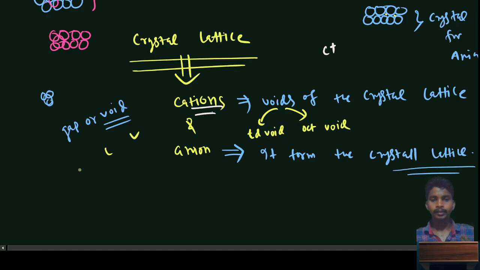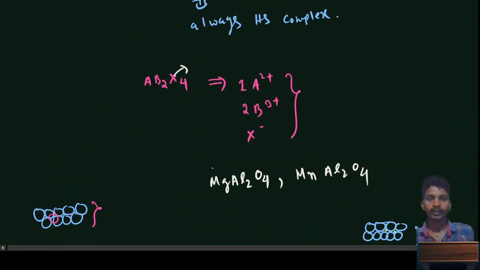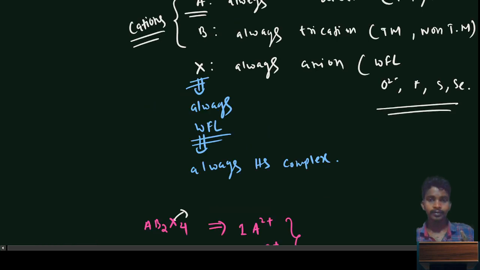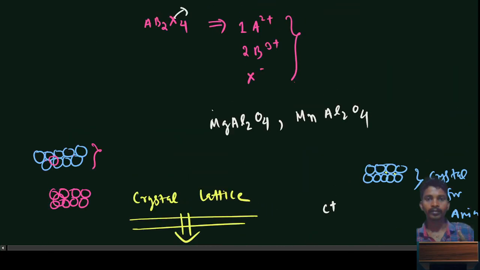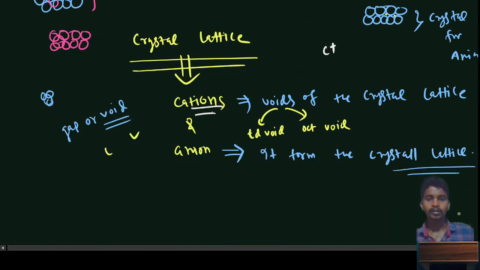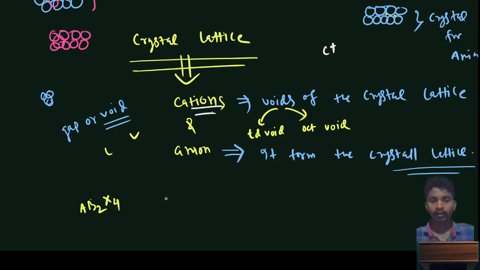Here we have 3 cations. The general formula of spinels is AB2X4. This one is a plus 2 cation, this is a plus 3 cation, so there is 1 dication and 2 trications.